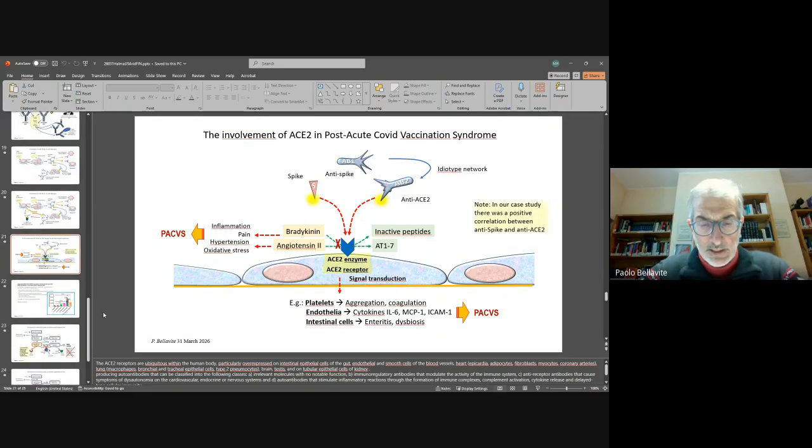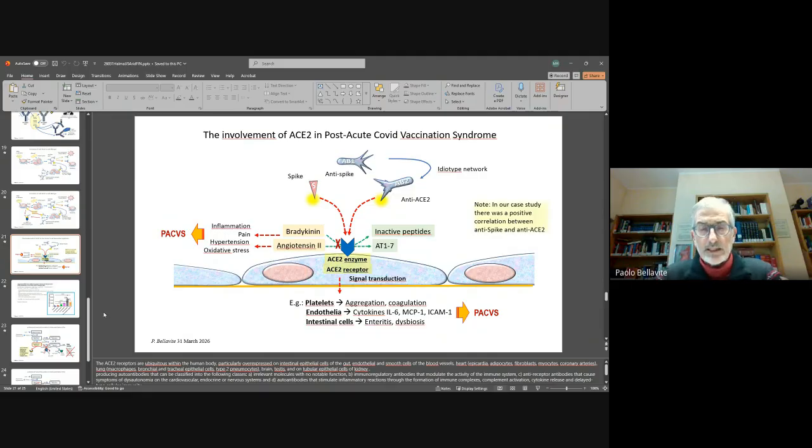One possible scenario is the following. When the production of anti-S antibody becomes excessive, which refers to a condition of immunological overload, the immune system responds by generating large quantities of anti-ACE2 antibodies.